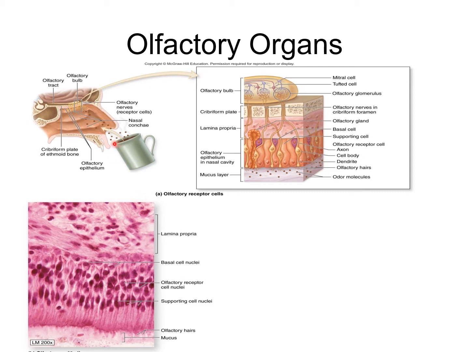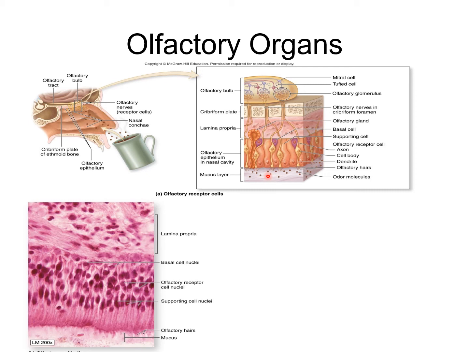As they enter into our nasal cavity, you can see that right here at the roof of the nasal cavity, this is where we have our olfactory epithelium. If we zoom in on this region right here as the odorant molecules are entering into our nasal cavity, you would notice that there is a mucus layer, and this mucus layer actually helps us pick up those odorant molecules.